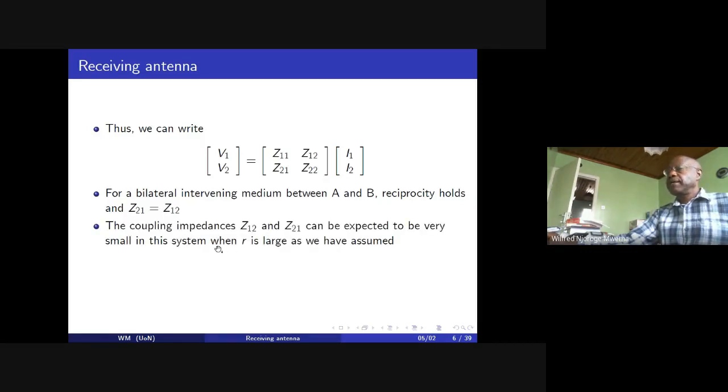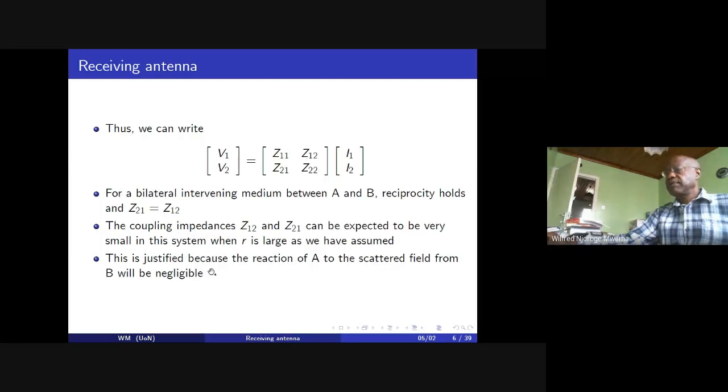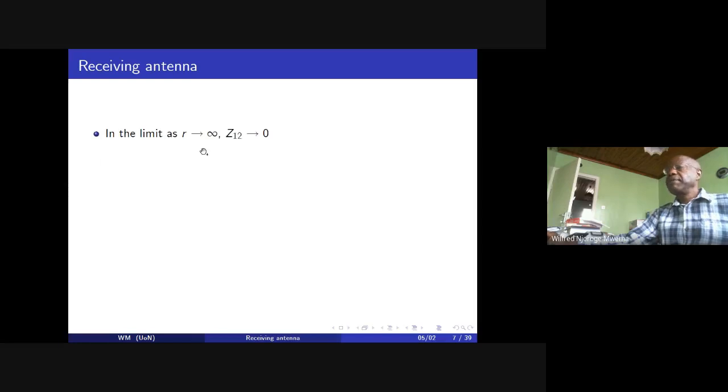The coupling impedances Z12 and Z21 may be expected to be very small in this system because R is very large by assumption. This is justified because the reaction of A to the scattered field from B will be negligible. So in the limit, as we take R to infinity, Z12 must go to 0.